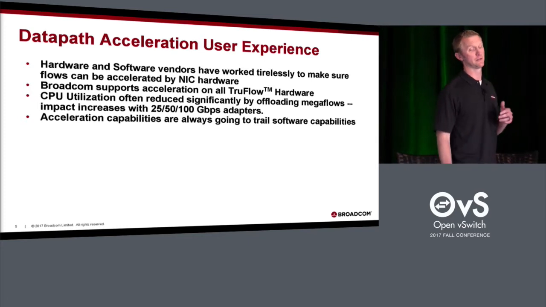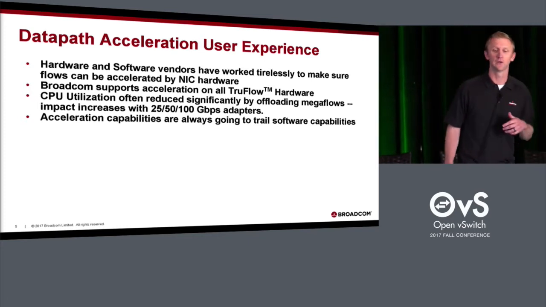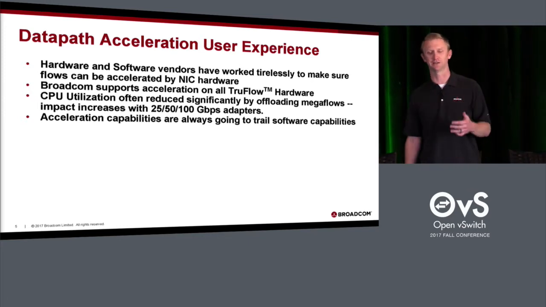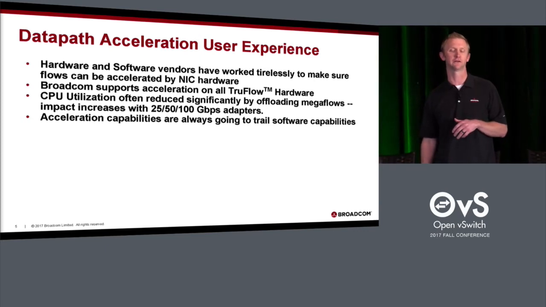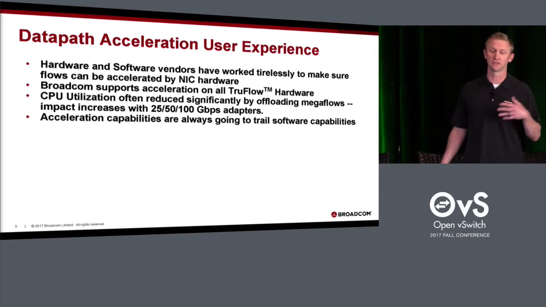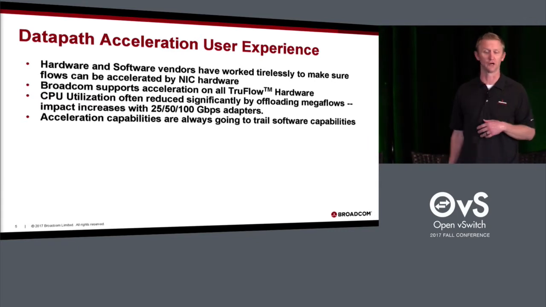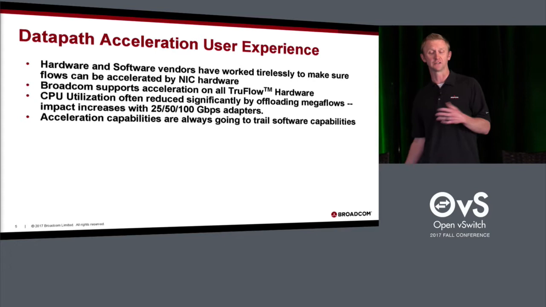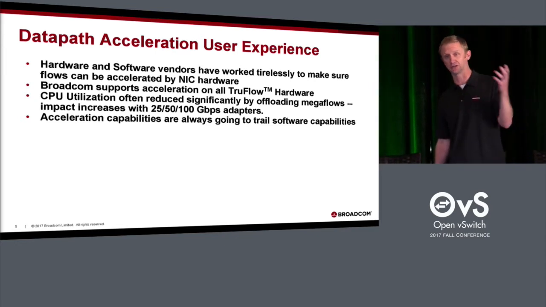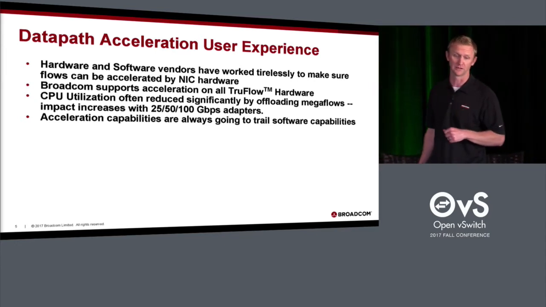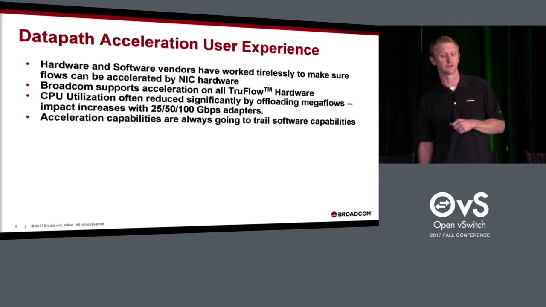But let's talk a little bit about the experience right now. Vendors have worked tirelessly to make sure flows can be accelerated by NIC hardware. Broadcom is no different. We have a solution. We have a true flow hardware component, we call it, and we support acceleration in that method. As seen in the slides earlier, we support it in the same way that the other vendors do right now, upstream via TC.